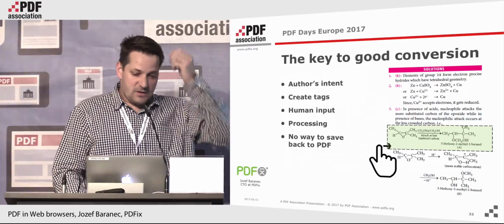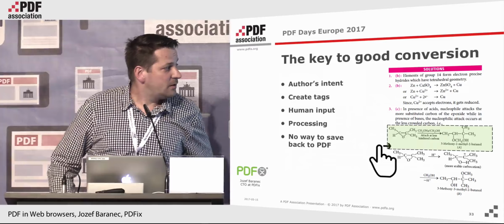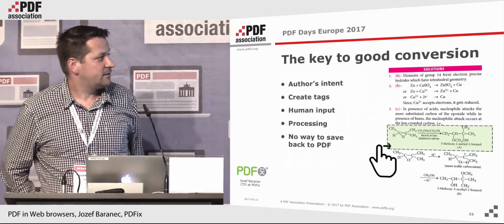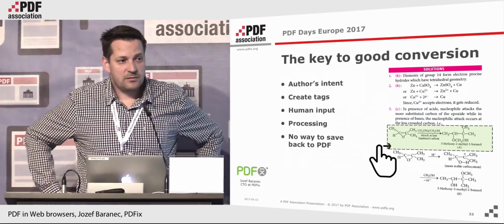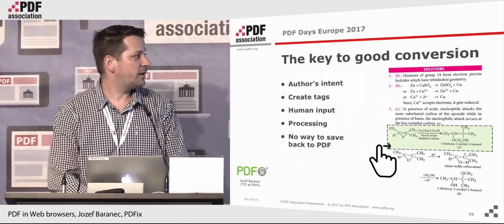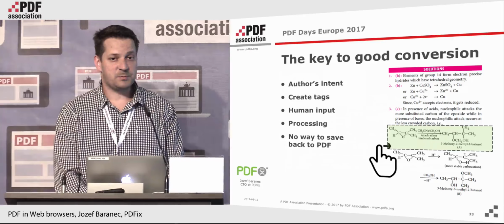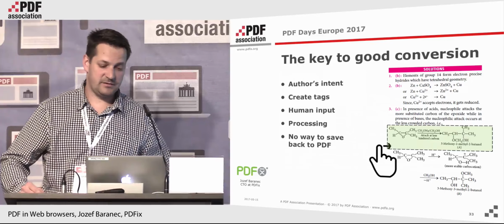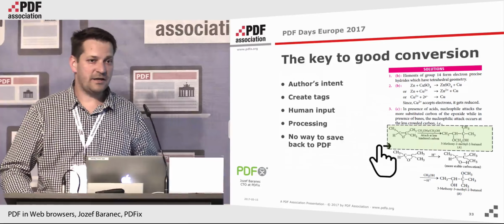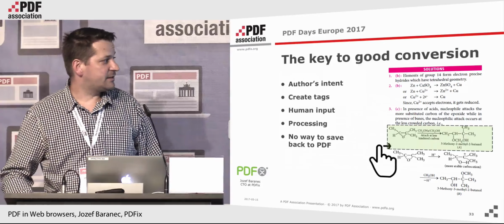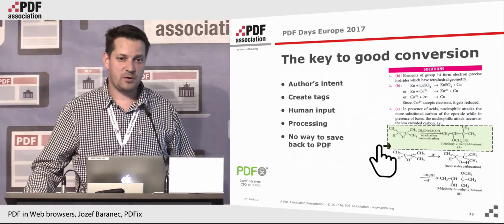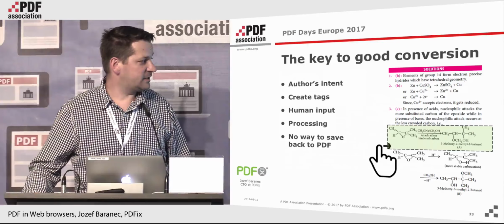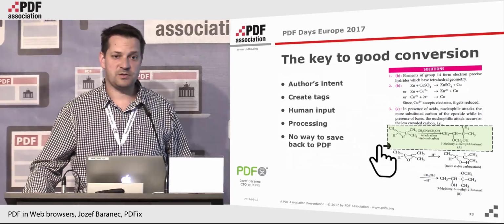So, if I summarize it, the author can control the way the PDF will be displayed on any device and any viewer by any technology. The only way to do this is to create proper tags which will provide as much information as possible.